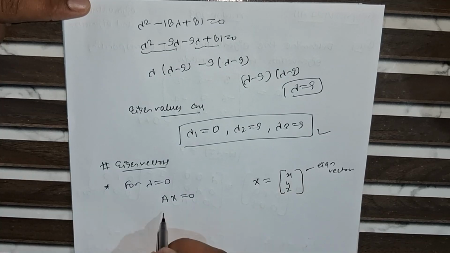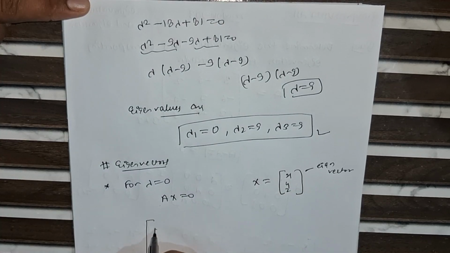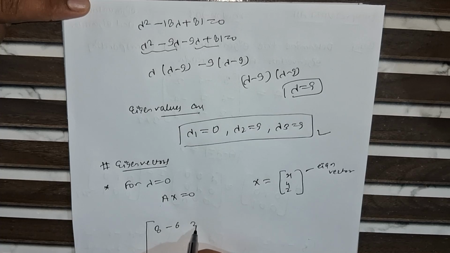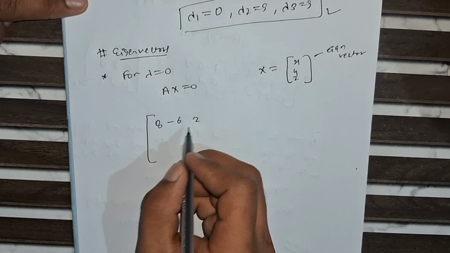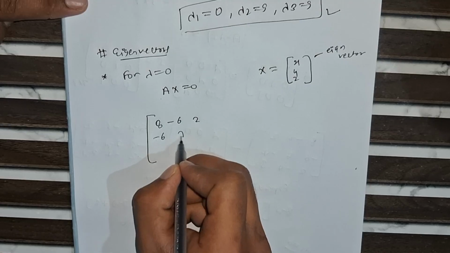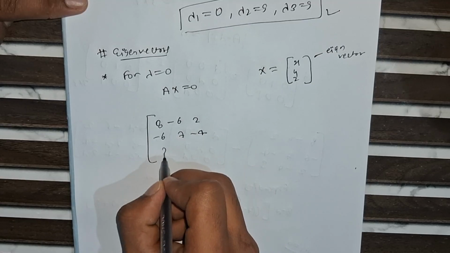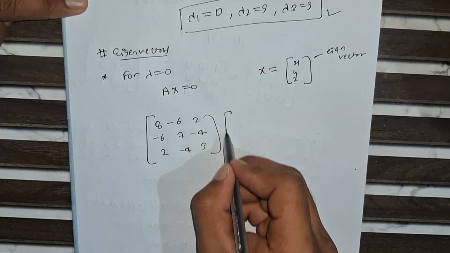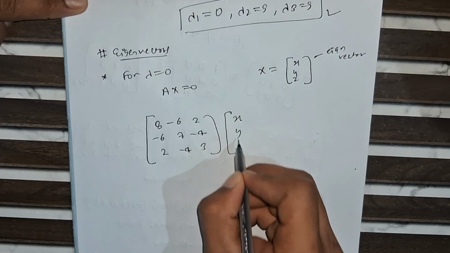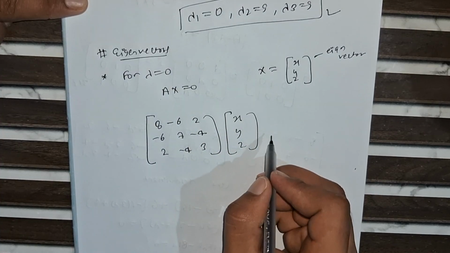So what is the A matrix? A is nothing but 8 minus 6 2, minus 6 7 minus 4, 2 minus 4 3, multiplied by our eigenvector x, y and z, which equals 0.